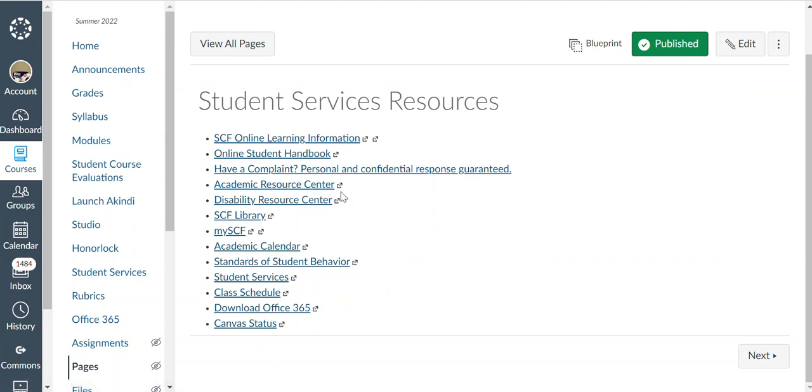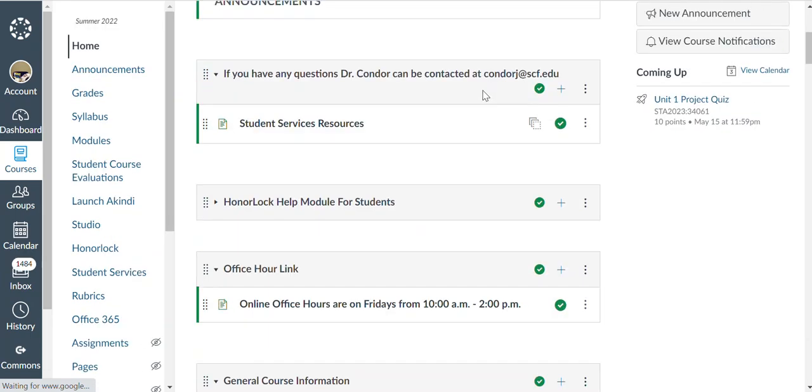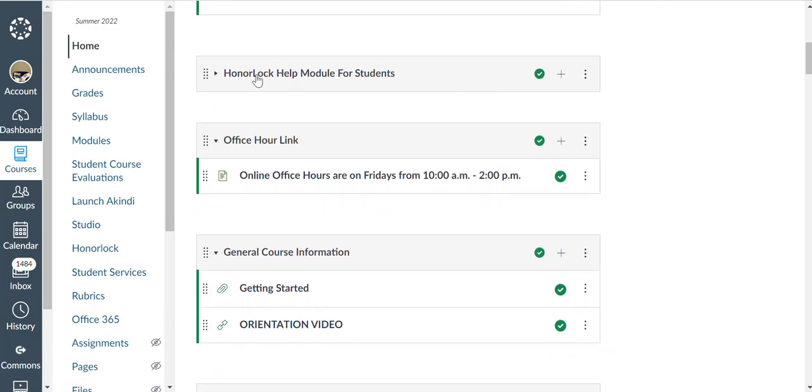So these are just some helpful links that students access. These you don't really need for the course, but there may be something that comes up where these may help you. So we're going to go past these links and look at this HonorLock module.